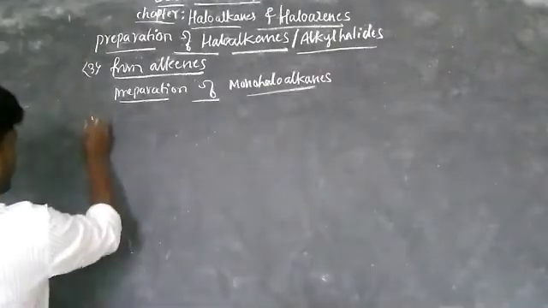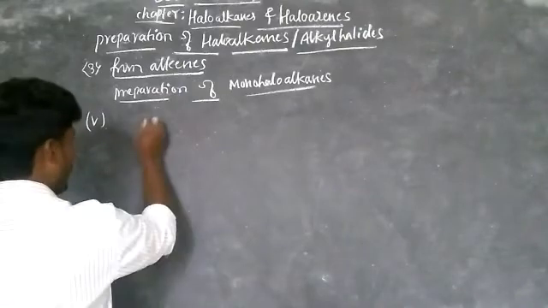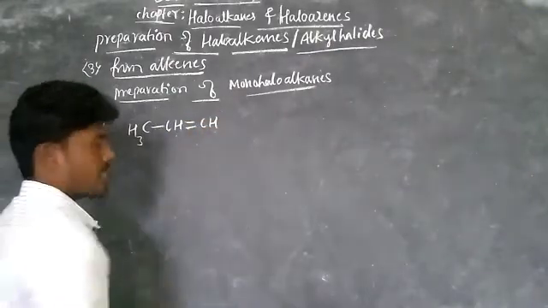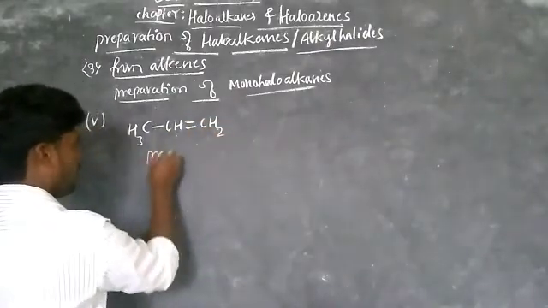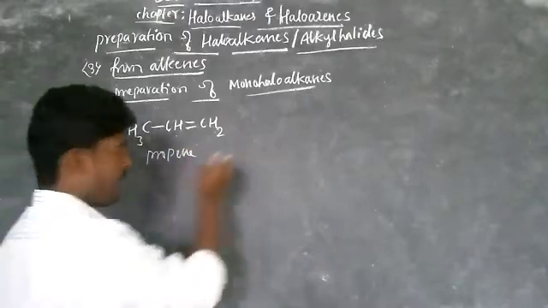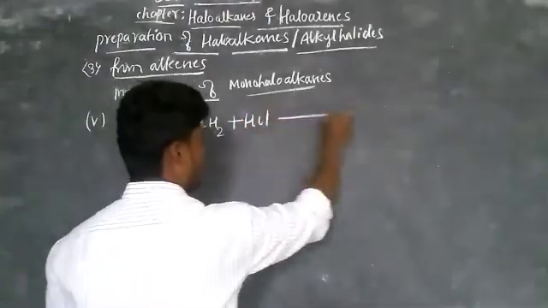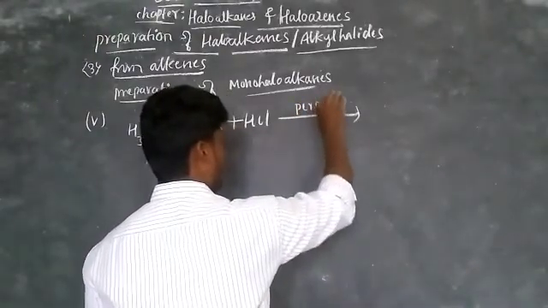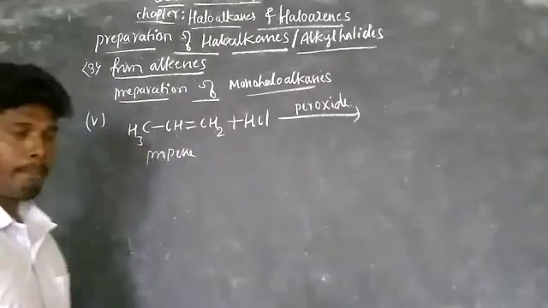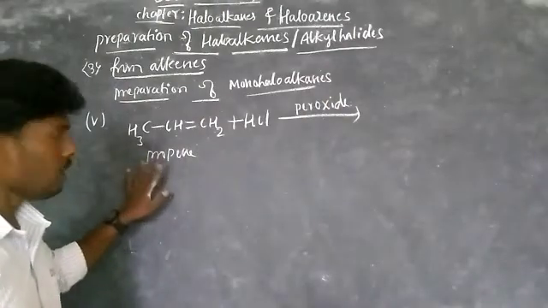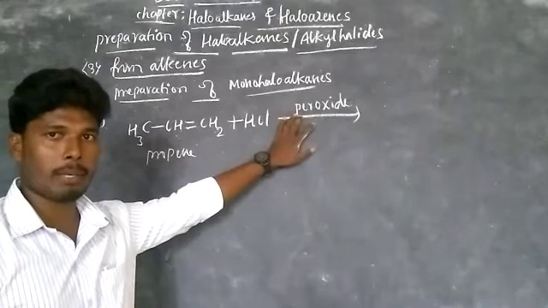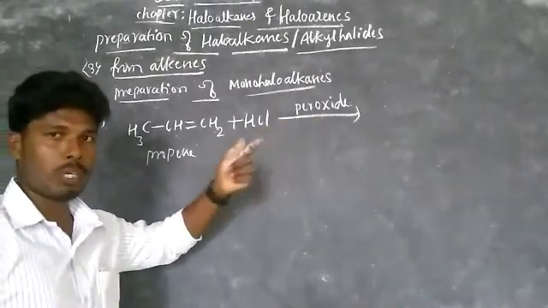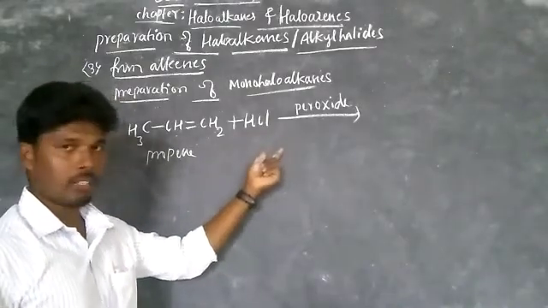One more example. Similarly, alkenes: take propene, CH3 double bond CH2. This propene is treated with hydrogen chloride in the presence of peroxide. Observe that in the last examples we did not write peroxide. Either you take hydrogen peroxide or metachloroperbenzoic acid, that is, any peroxide.